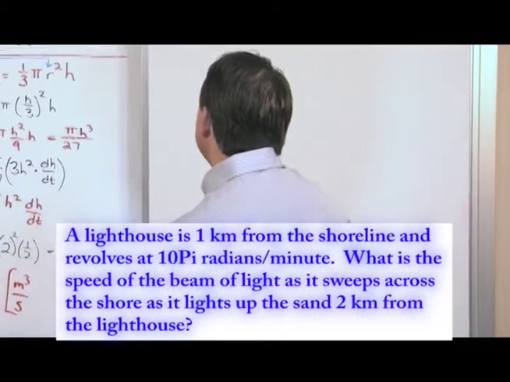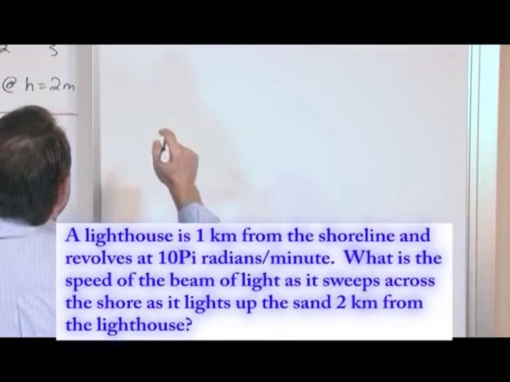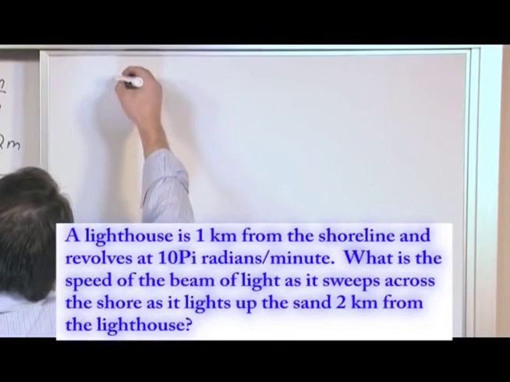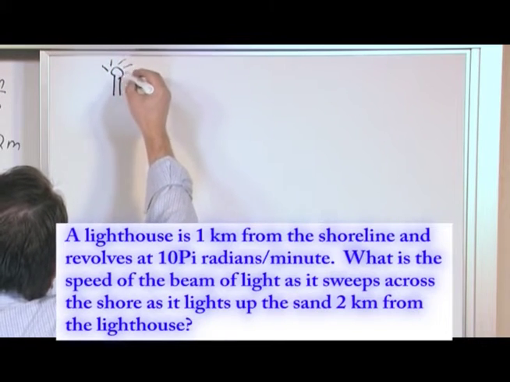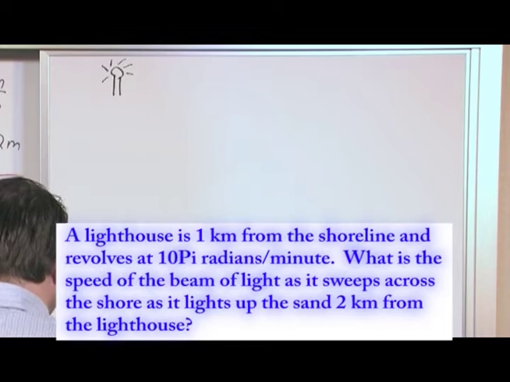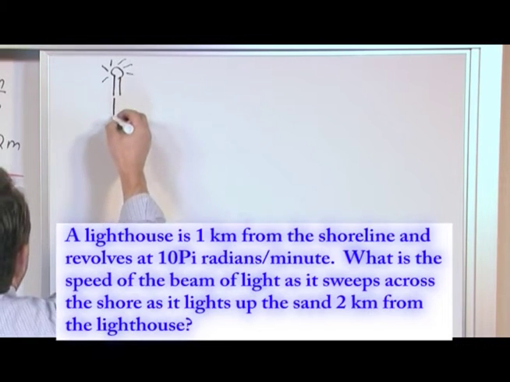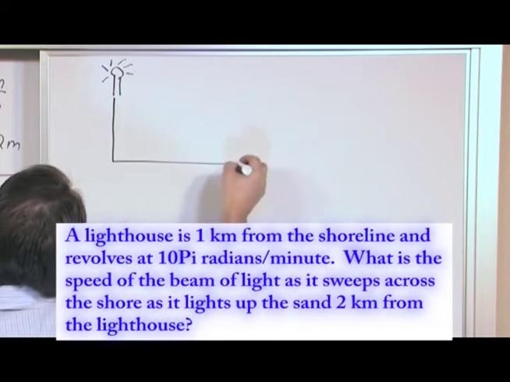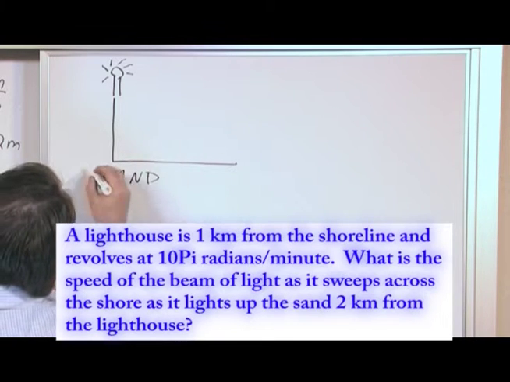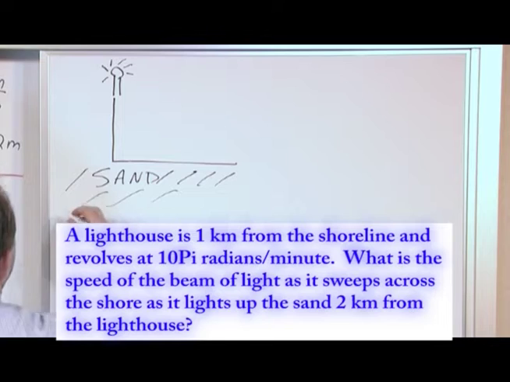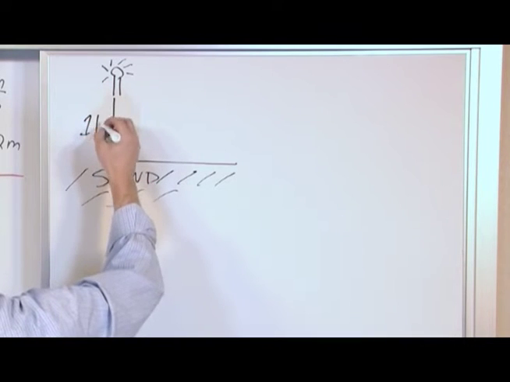I hope I've illustrated what I'm talking about here, but it's still very important to draw a picture. So here's our lighthouse. Not a very good picture of a lighthouse, but there it is. What I'm trying to say here is that the distance from this lighthouse to the sand, over here, is 1 kilometer.